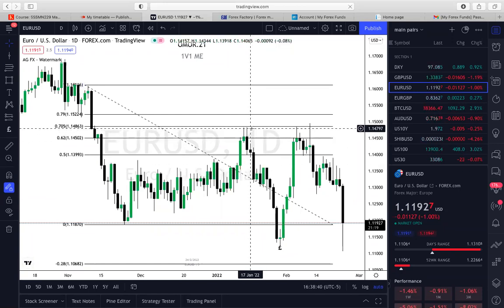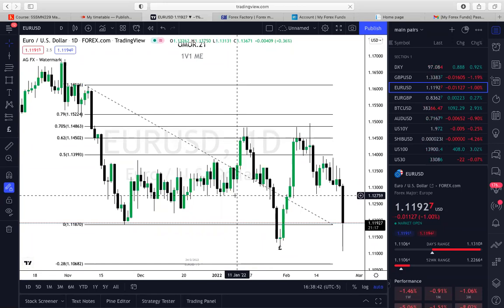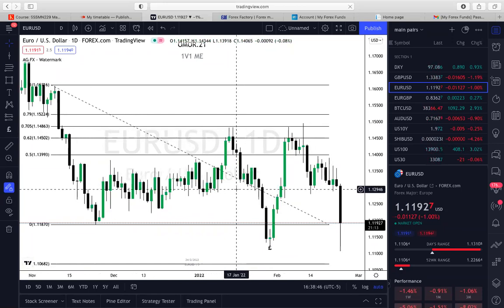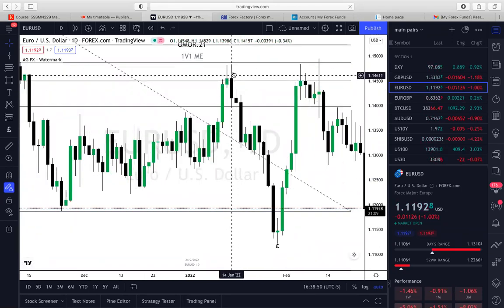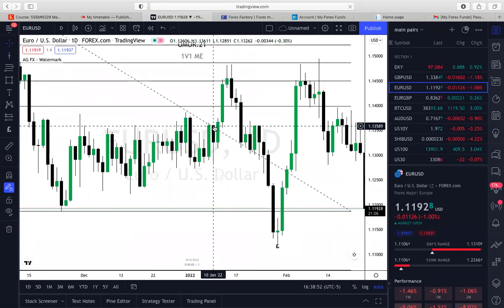So when you reject off here, what do we assume is going to get taken out? The sell side. Let's see when it rejected off here, what's this candle? It's an order block. When price trades to the order block, what do we expect to happen?